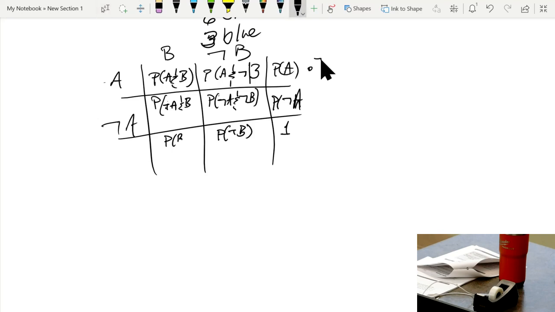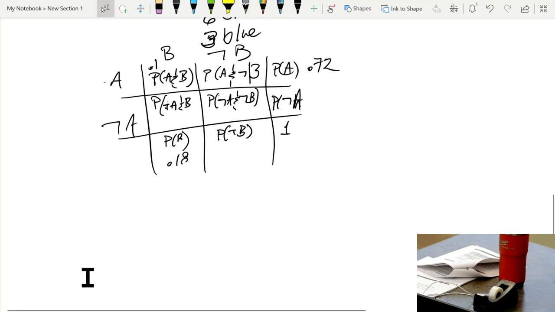All right, so in this thing, they give you the probability of A. That's 0.72. That's the total across A. The probability of B is 0.18. That's the total across or down B. The probability of A and B is 0.1. That's 0.1.